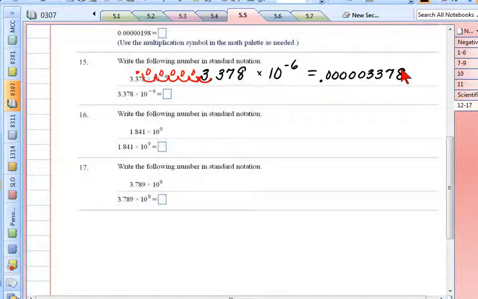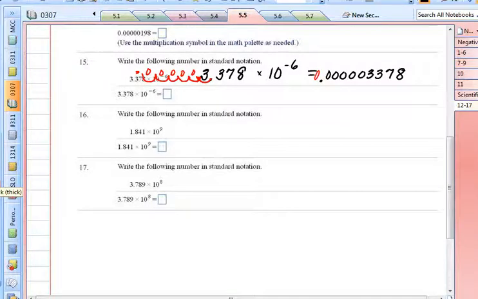There is a possibility that my math lab would want a 0 in front of the decimal point. I am not positive about that. Is that 15? Yes, it is. That is problem 15.